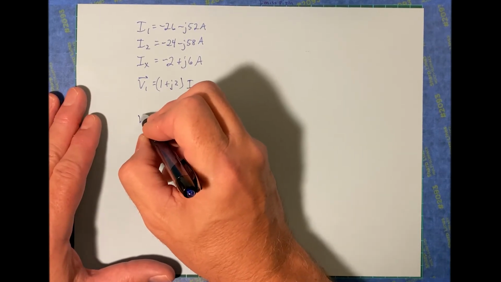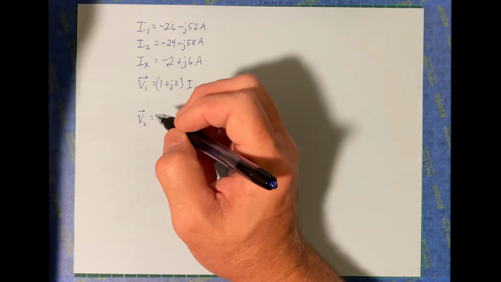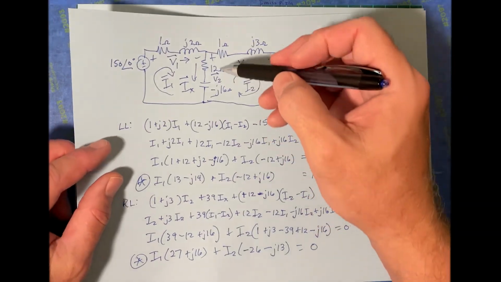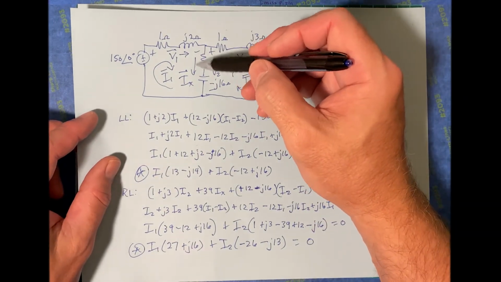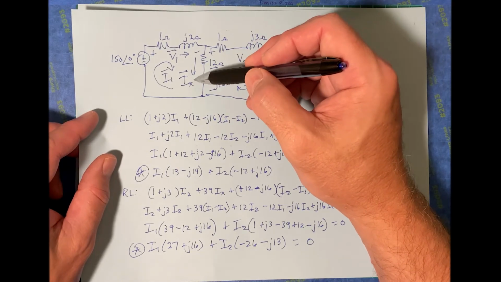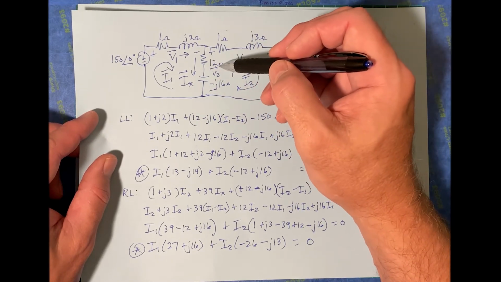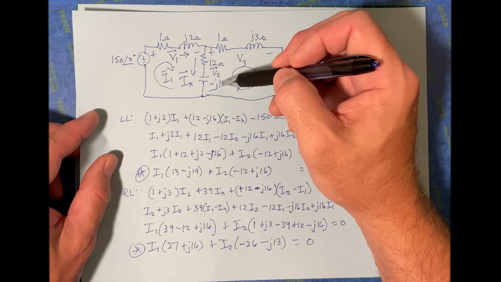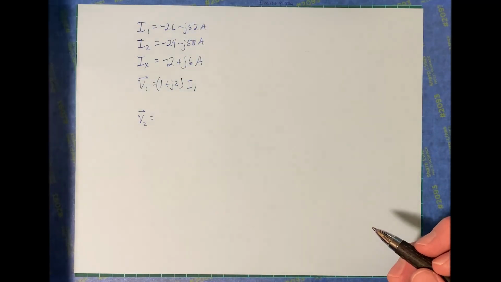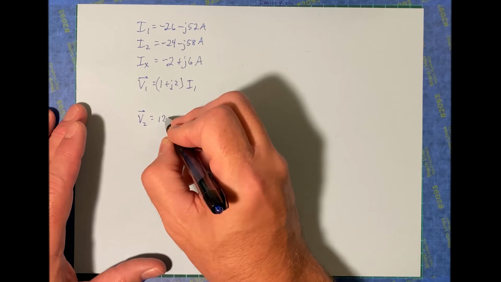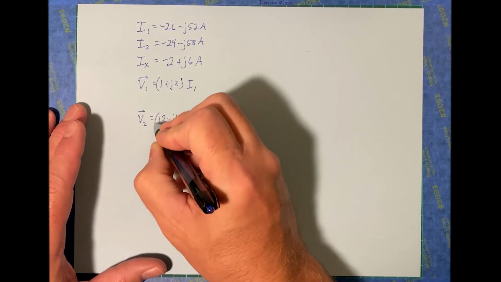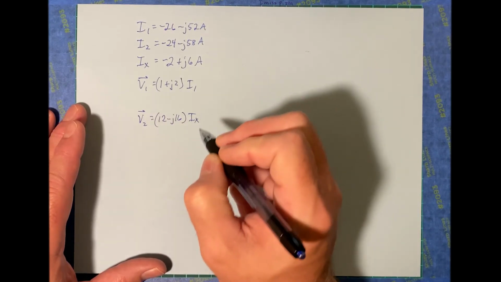And then let's leave some room. V2 is right here. This is going to be I sub x times 12 minus j16. So 12 minus j16 times I sub x.